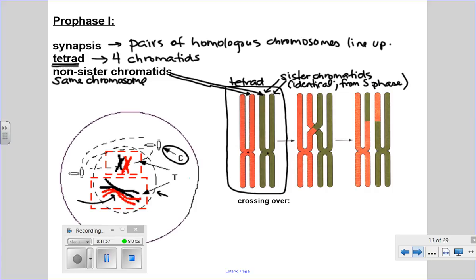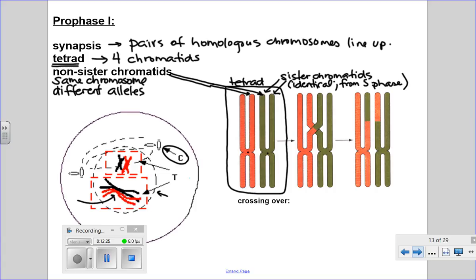So for example, if this was the X chromosome, these would all be X chromosomes. But we would have different alleles. That means different versions of the genes that are on it. So if I was to indicate one red one and one green one, that is a non-sister chromatid pair.